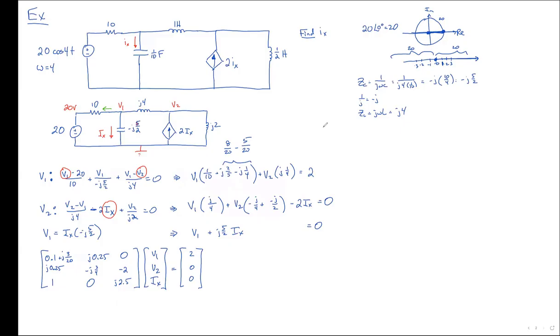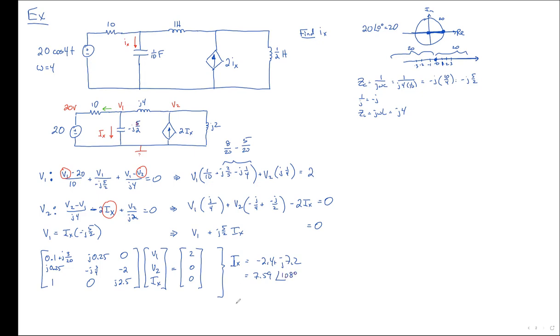And we can write that down. So our I sub X is equal to minus 2.4 plus J 7.2, which is equal to 7.59 at an angle of 108.